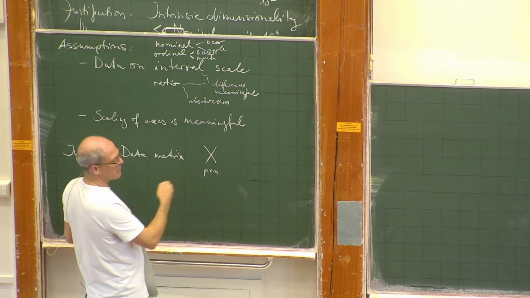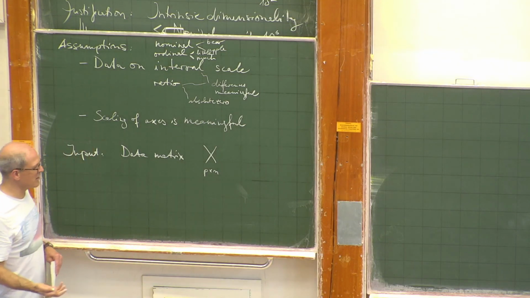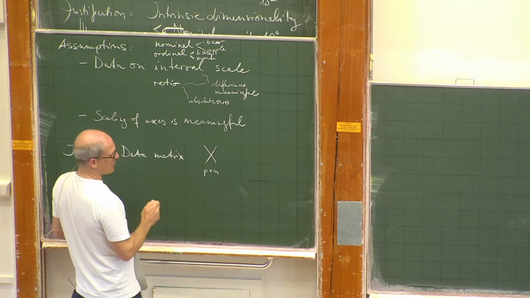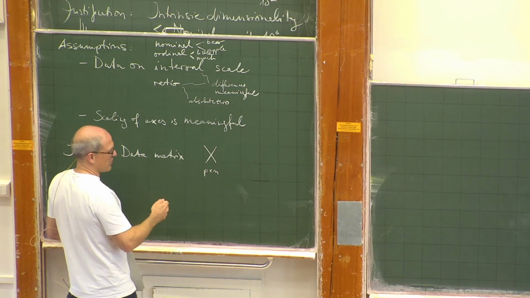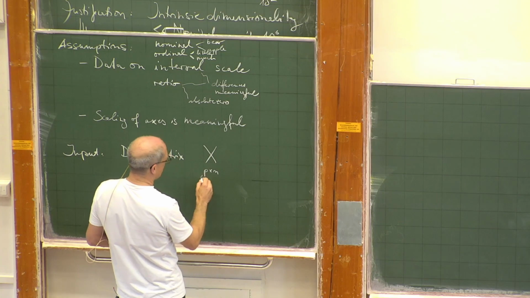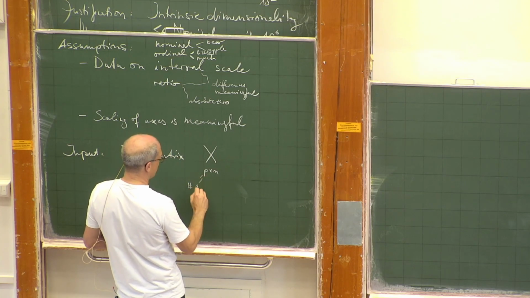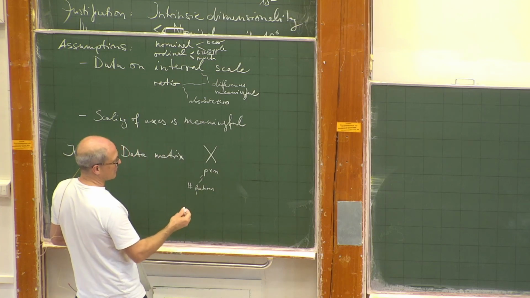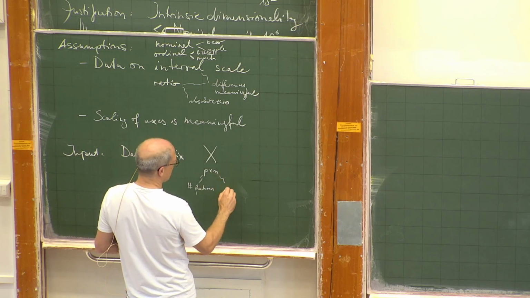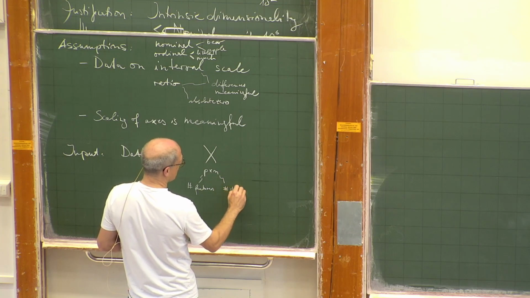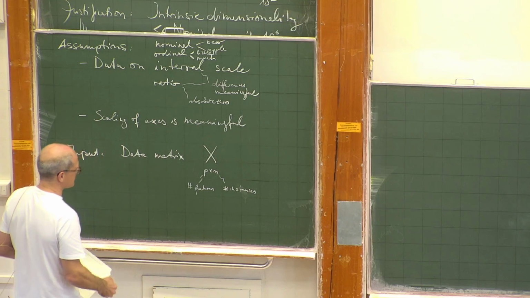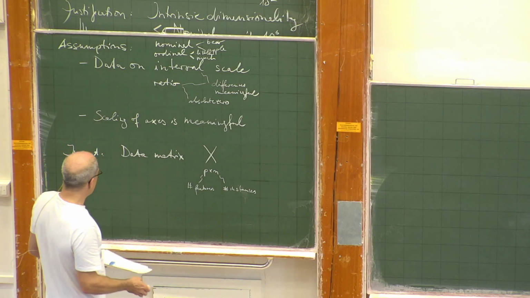Now here, two different conventions are used in the literature. Many textbooks do it the other way around. I happen to make this choice, where P here is the number of features or the number of measurements that characterize an instance, and N is the number of examples or number of instances.